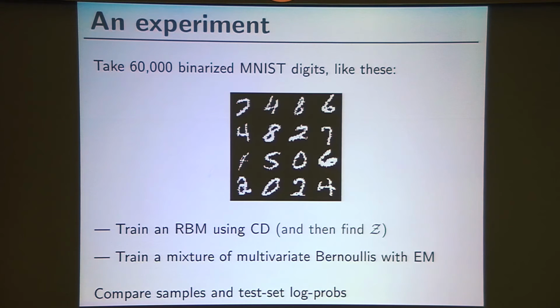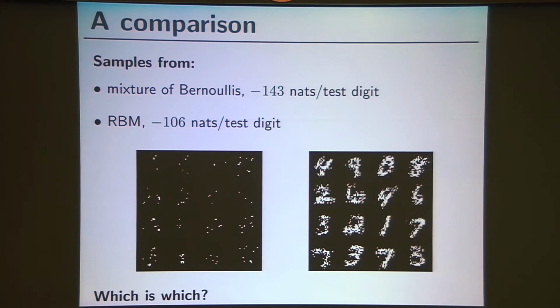Is it the RBM or this baseline model that we can fit with EM, this mixture model, and we can compare samples and we can compare log probability? Did you see this figure before? No, okay. So one of these panels shows 16 samples from a Boltzmann machine, and one of the panels shows 16 samples from a mixture of multivariate Bernoullis, and they were both fitted to the same 50,000 digits.